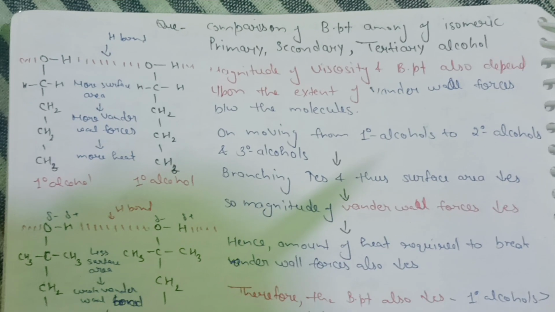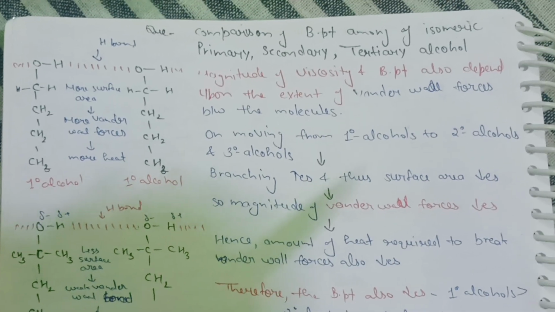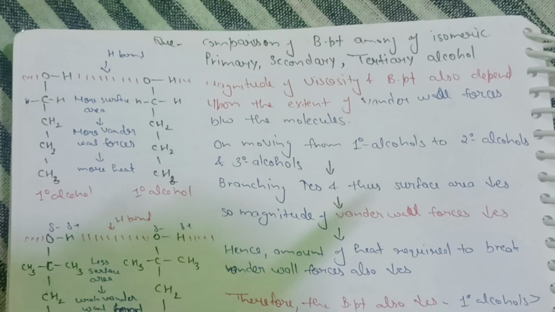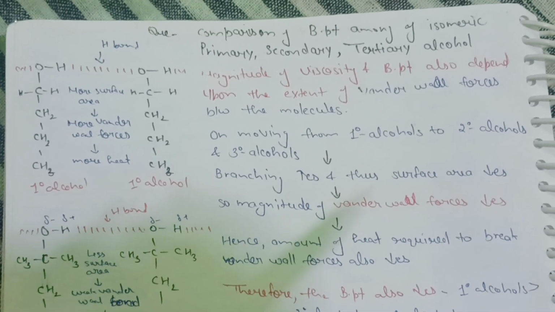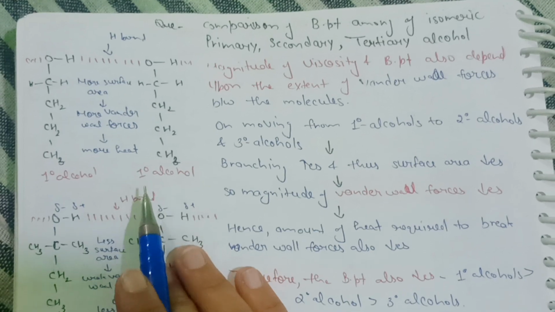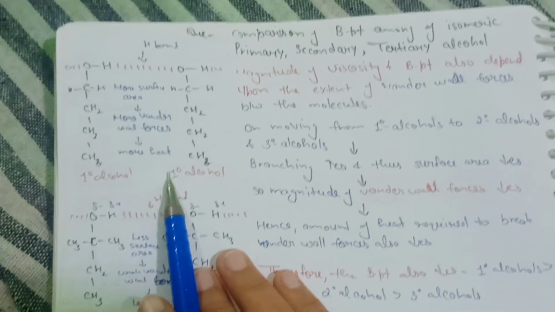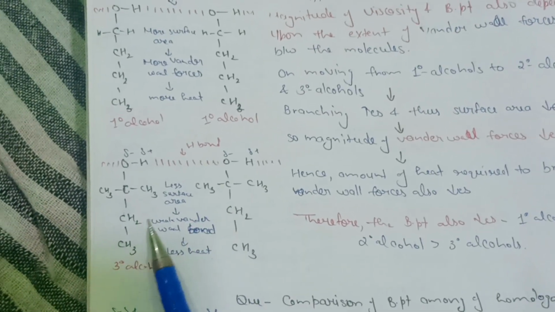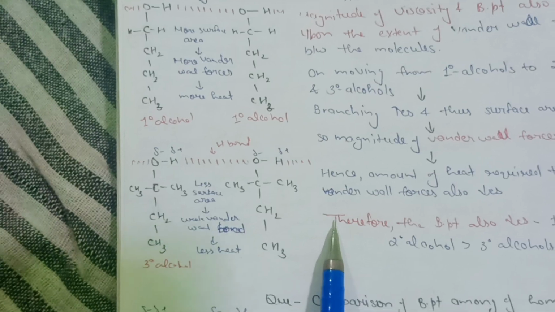Comparison of boiling point among isomeric primary, secondary and tertiary alcohols. The magnitude of viscosity and boiling point also depends upon the extent of van der Waals force between the molecules. In a 1 degree molecule, there is more surface area, more van der Waals force, more heat required. In 2 degree and 3 degree alcohols, there is less surface area, weak van der Waals force, less heat required.